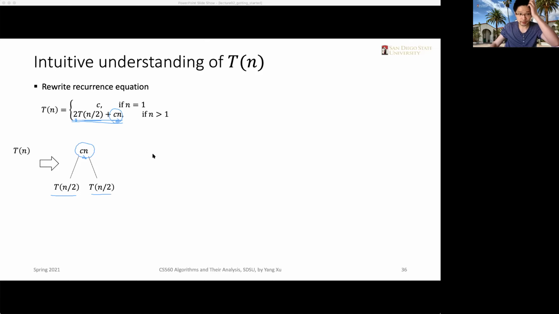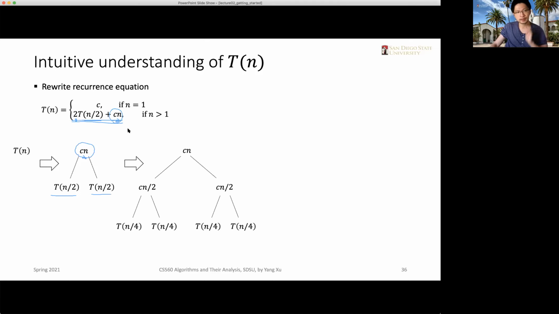We can do a further split, because if we substitute n/2 into this equation, into the left term, then within the right side, it will be n/2 divided by 2, which is n/4.